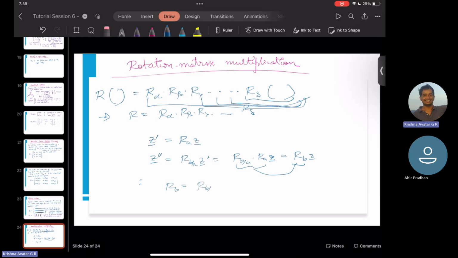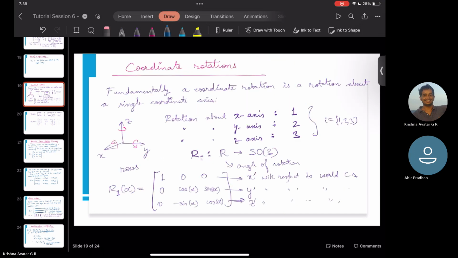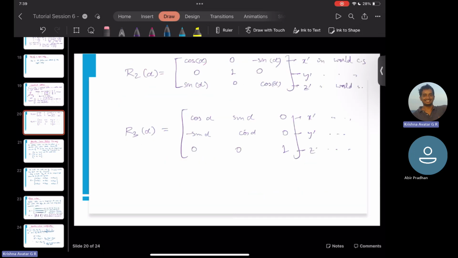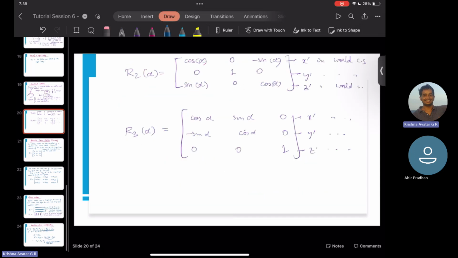So it's like we apply the rightmost rotation matrix first on the vector that we want to transform. Yeah, so I think this was what we were supposed to discuss today.